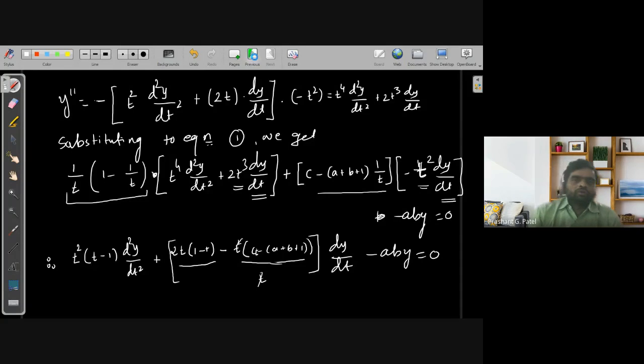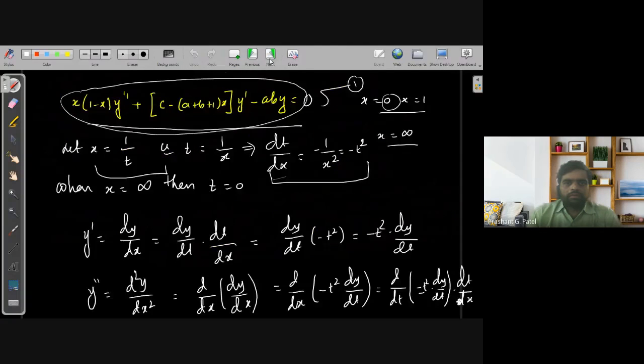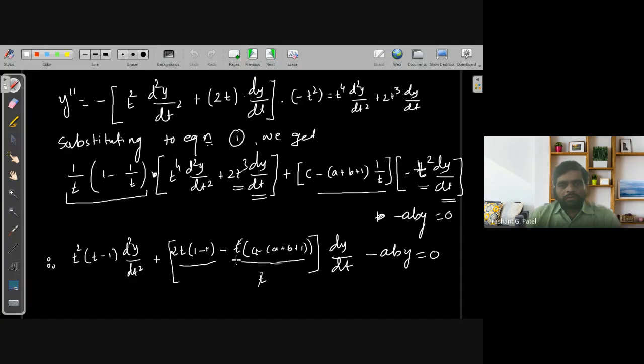So finally what we get is t square into t minus 1 d square y by dt square. We can take t common from that quantity. T is here also, here also.